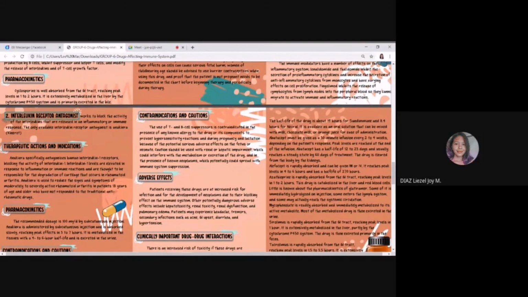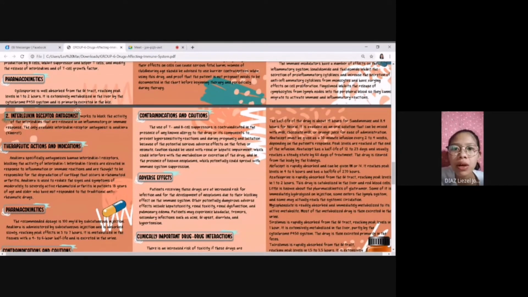Next are the therapeutic actions and indications. Anakinra specifically antagonizes human interleukin 1 receptors, blocking the activity of interleukin 1.